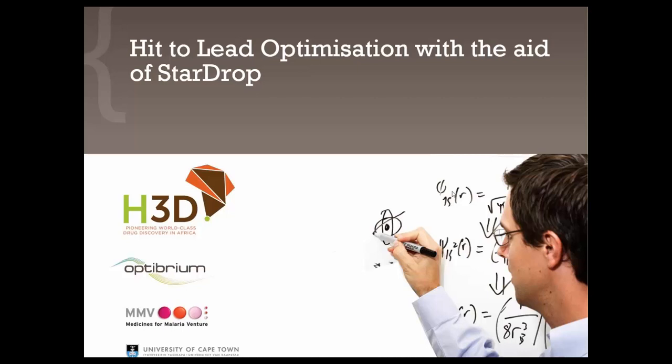Yes, I absolutely agree, Dom. I think it's really important. One thing we're very keen on is not setting hard filters or hard criteria for selection of compounds. There's no such thing as a black and white decision.